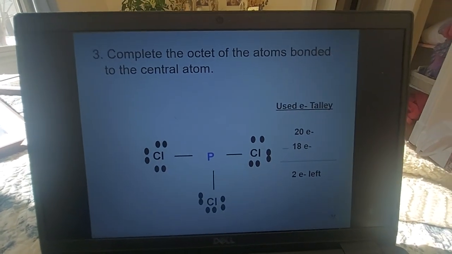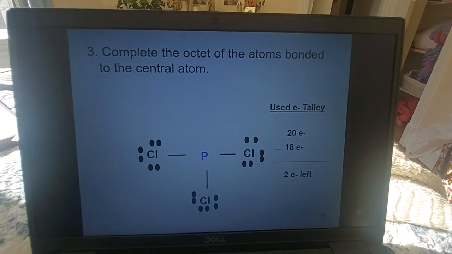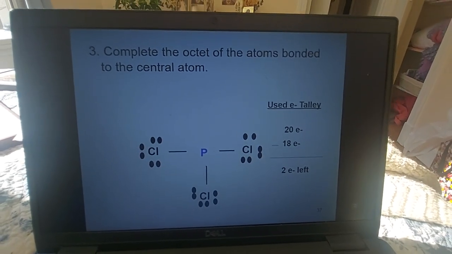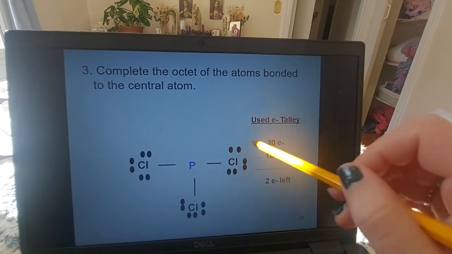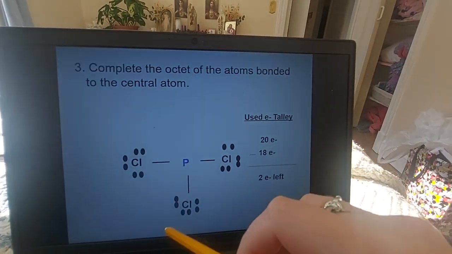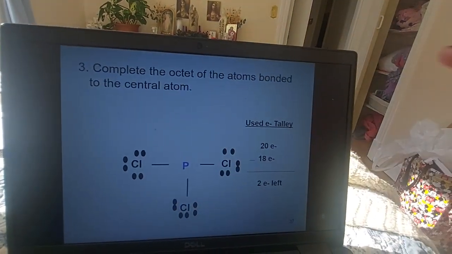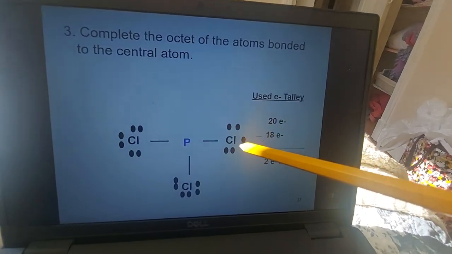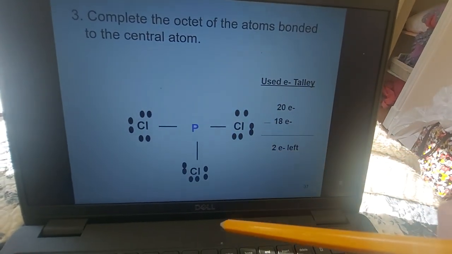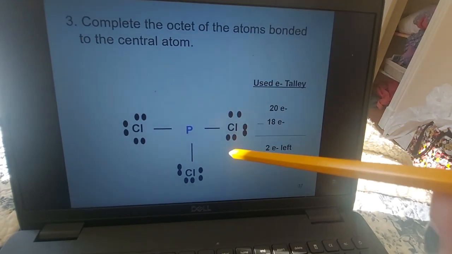Now we're going to complete the octet of the atoms bonded to the central atom. Remember, octet just means 8, because each atom wants to have 8 valence electrons. That's its favorite number, and it's constantly trying to achieve that. So we're going to fill in the rest up to 8. Remember, we're not going to do more than 2 on each side.